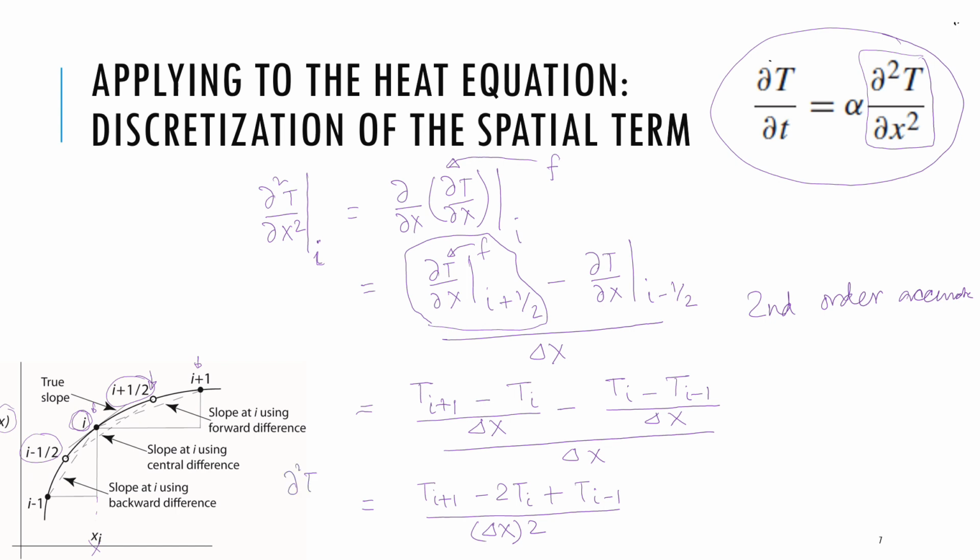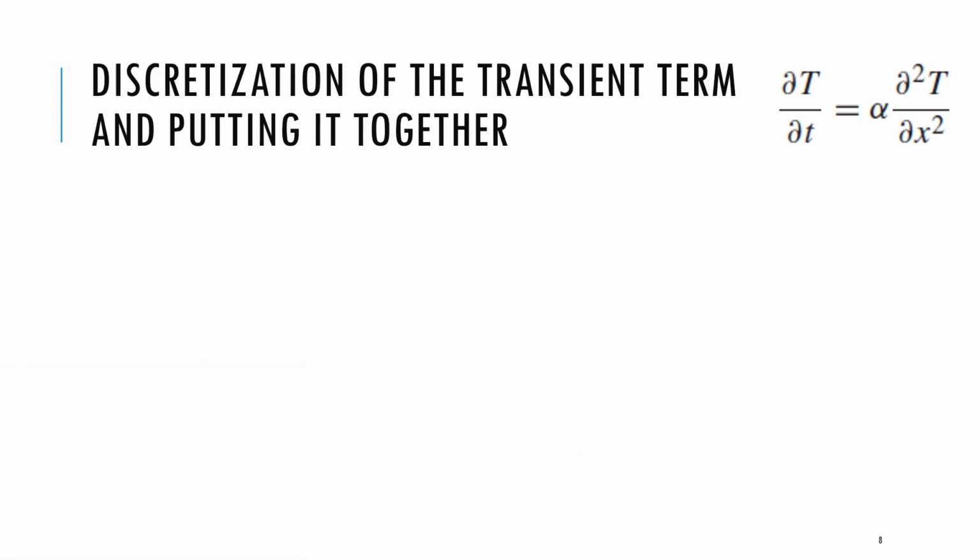So this is the finite difference form for the term ∂²T/∂x² at the location i. And now the transient term. The transient term ∂T/∂t, we could write as T at t+Δt minus T at t over Δt.